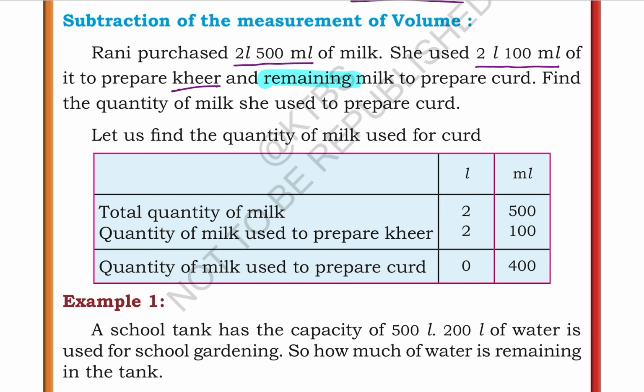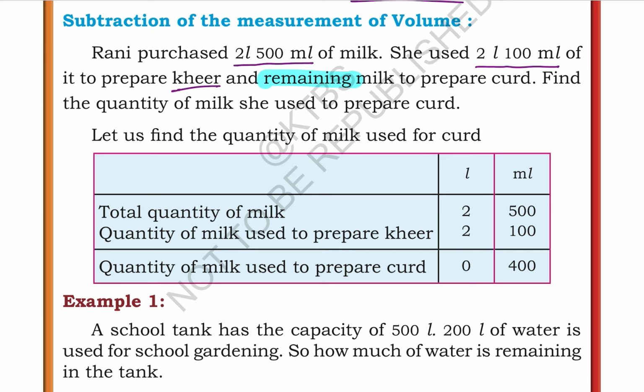Okay, you have to read. Already I told you, first you have to read the question and understand it carefully. Rani purchased 2 liter 500 ml of milk means in that milk she has prepared kheer and she has some milk remaining to prepare curd. Then which one is the total volume of milk here?